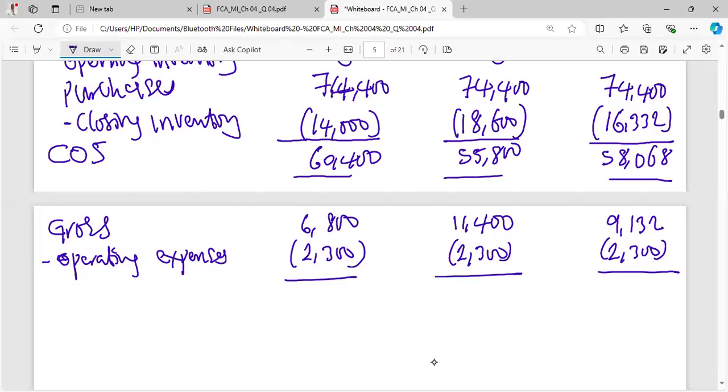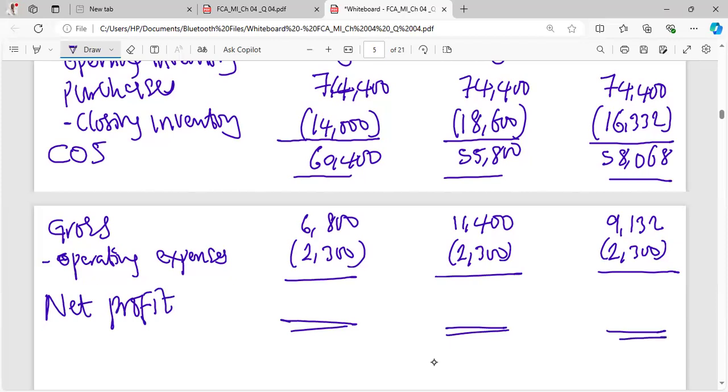So, the net profits. This will give us 4,500. This will give us 9,100.